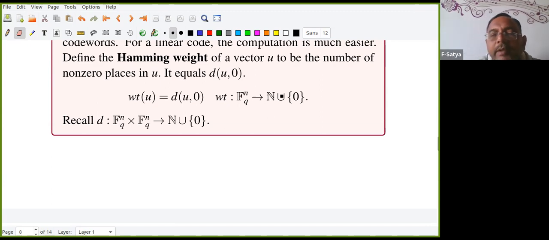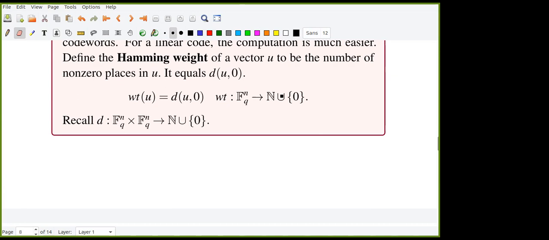That means you are not understanding what Hamming weight is. Sonali, can you tell me? Okay, Mehak.